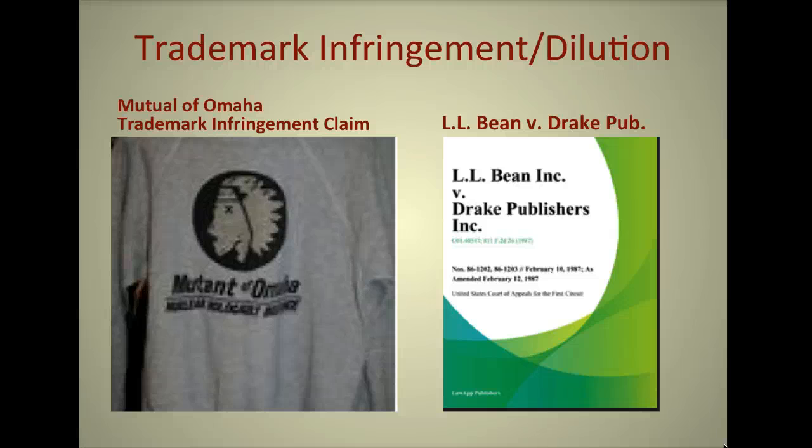But also, Mutual of Omaha argued it would be likely to confuse the public. And as part of their proof, Mutual of Omaha produced survey results that showed confusion. So for that, the federal court in Omaha ruled in favor of Mutual of Omaha and said that Novak, who created these t-shirts, had infringed upon their trademark.